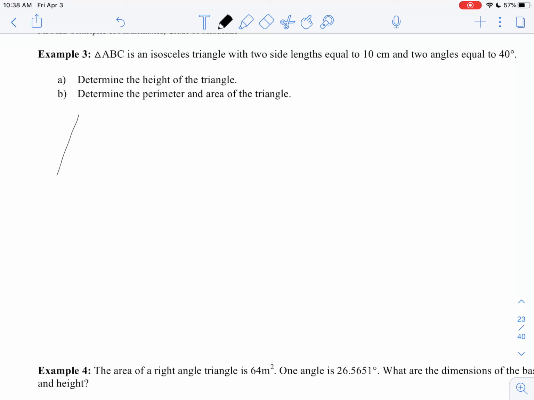So first thing I'm going to do is draw my picture perfect isosceles triangle. Looks something like that. Those look about 10 centimeters. Those look a little more than 40 degrees. But we're saying this is equal to this. So A, B, C, where this is 10, this is 10.